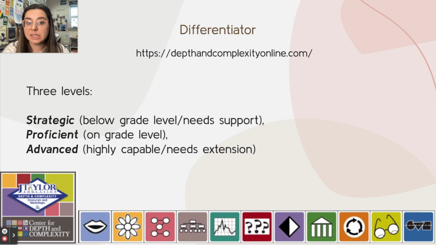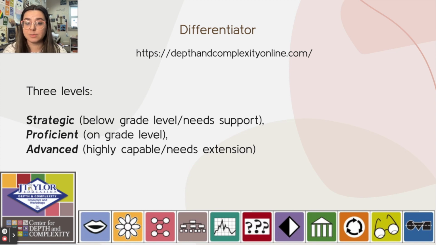But it's basically creating ways to level instruction or activities or tasks or projects. So thinking about that, there's 3 levels. Strategic would be for below grade level, or you need support. So think about your classes. Maybe not all of your classes are high cap.